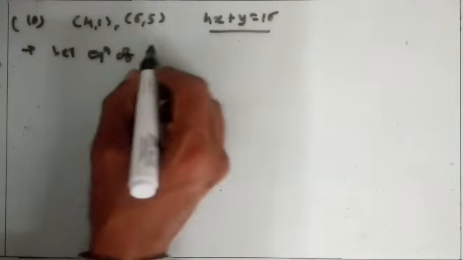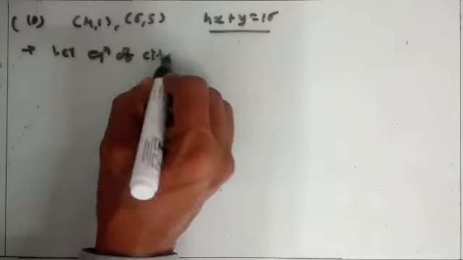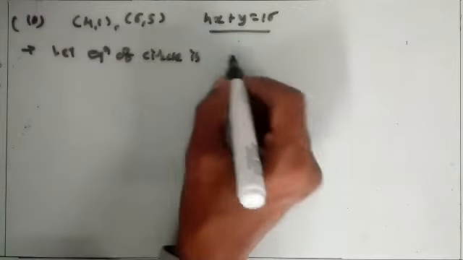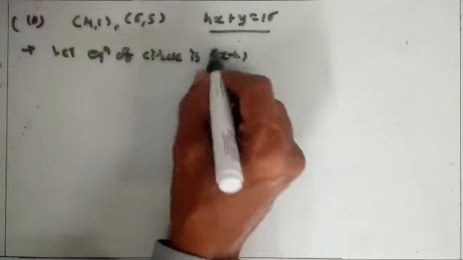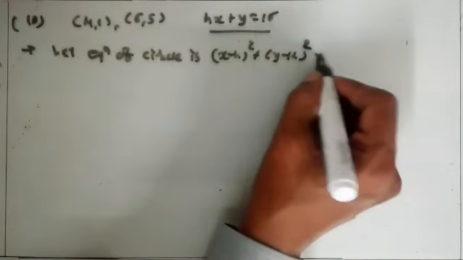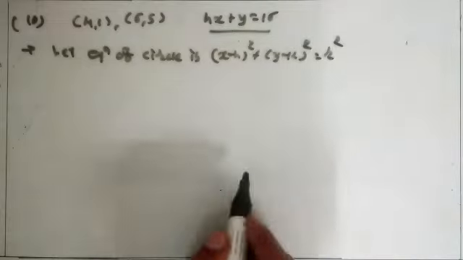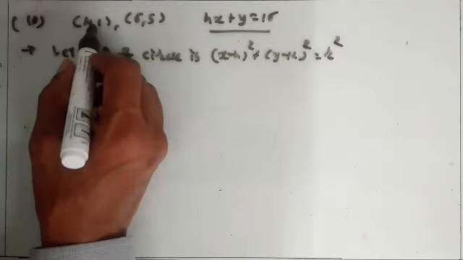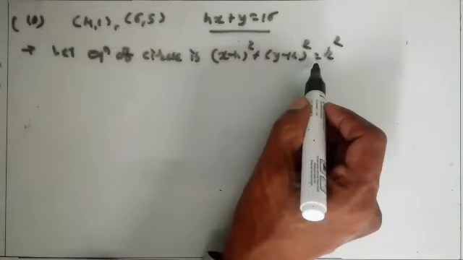Let the equation of the circle be (x - h)^2 + (y - k)^2 = r^2. Here (4, 1) lies on this circle.